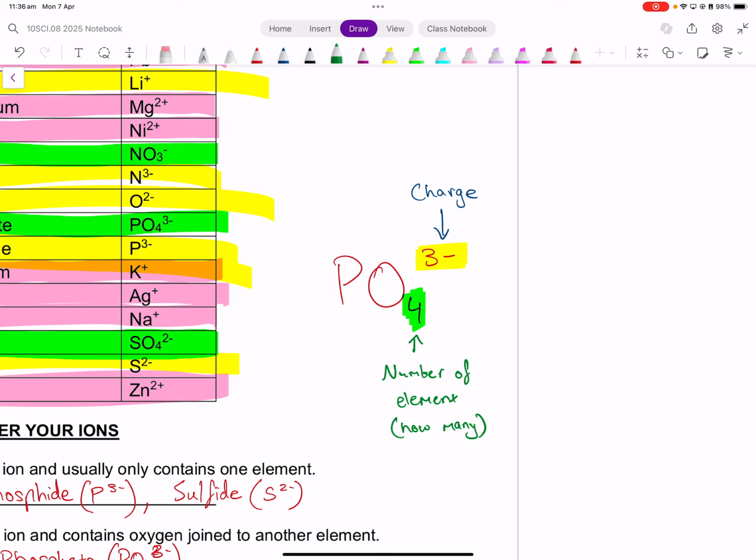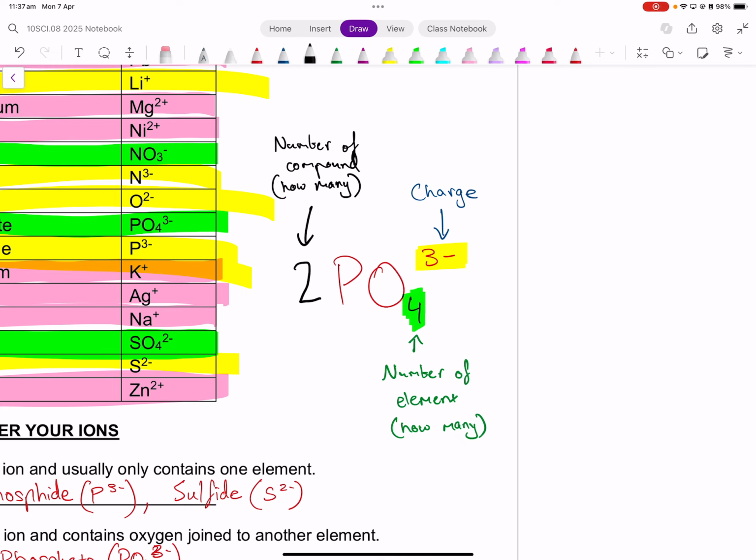2. Great. The one I'm going to add now is, what if I add a big 2 out the front? I write it in a different colour. What does this 2 here mean? Any ideas? There's 2 of the whole thing. So this is the number of the compound, aka how many of this thing do I have?